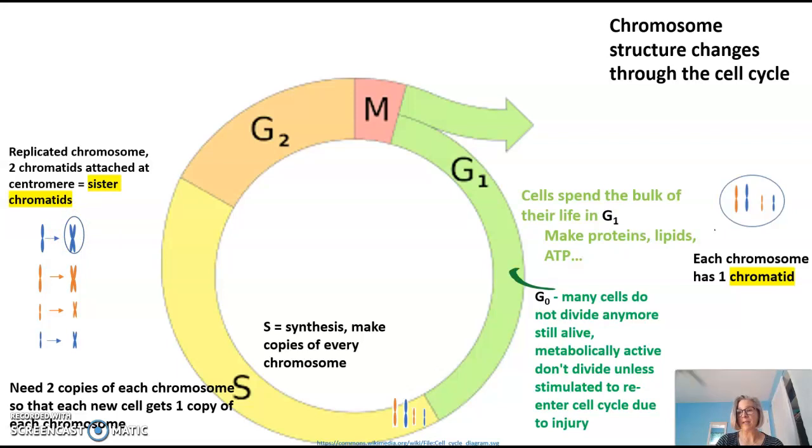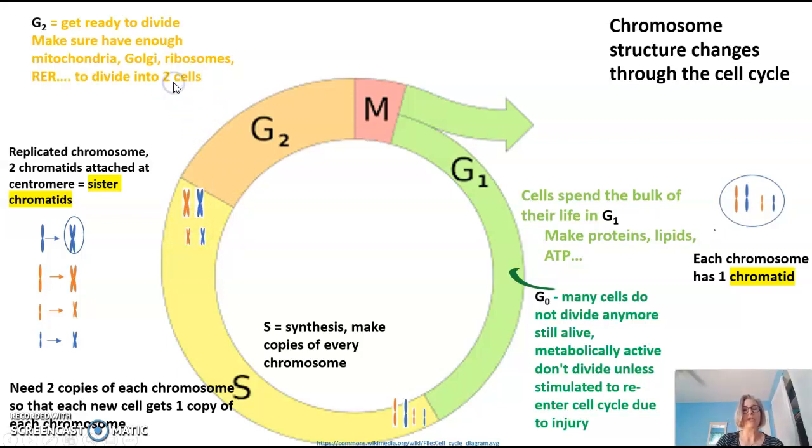They're exact copies of each other, so really we should call them identical twin chromatids, but we call them sister chromatids. So during S phase, each chromosome will be copied to a replicated chromosome. So at the end of S phase, each chromosome is in its replicated form. It goes from an unreplicated to a replicated form during the course of this phase.